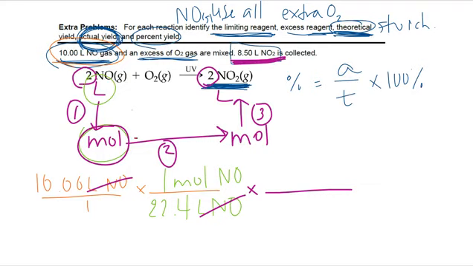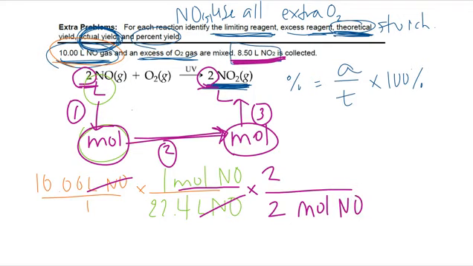Now we need to go from moles to moles. We need to look at that ratio, 2 to 2 ratio. And we have to make sure that we have the correct units. Moles of NO needs to be down here. So that means moles of my product, NO2, on top.